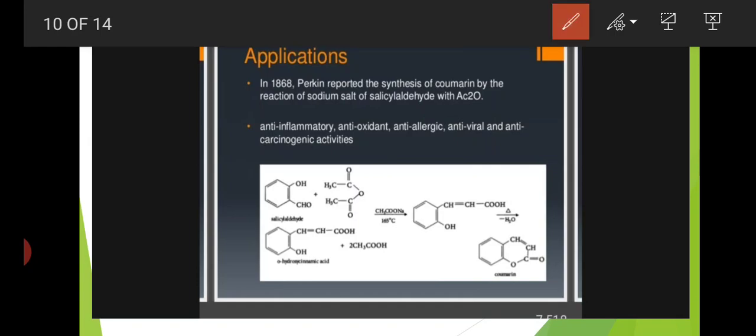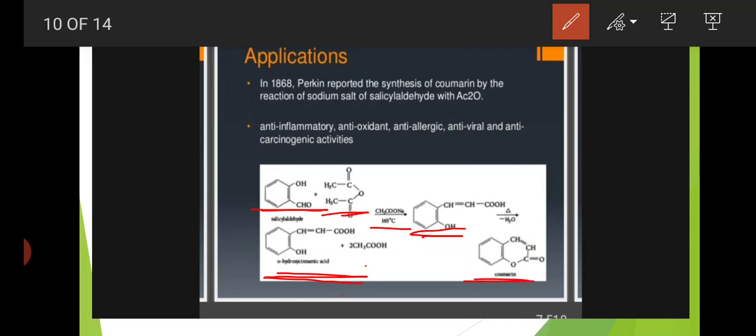Okay, here salicylaldehyde reacts with acetic anhydride in the presence of sodium acetate and forms a compound like this. On hydrolysis, it dissociates into alpha hydroxy cinnamic acid and 2 moles of acetic acid.